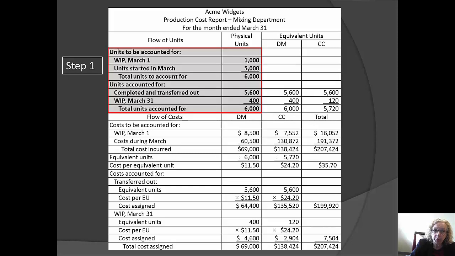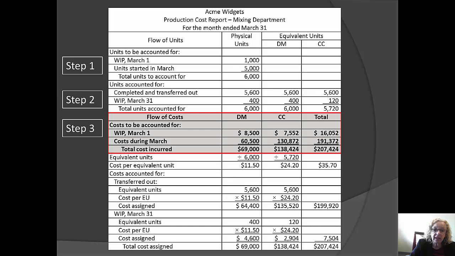Here is step 1, where we're looking at the number of units on the input side and making sure that that equals the number of units on the output side. Here is step 2, where we compute the equivalent units for materials and for conversion.